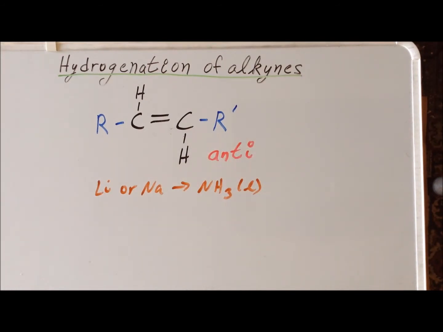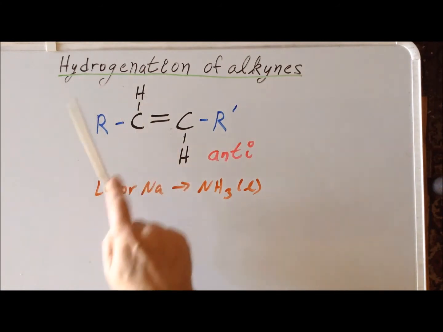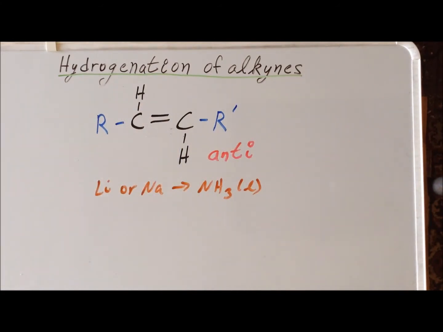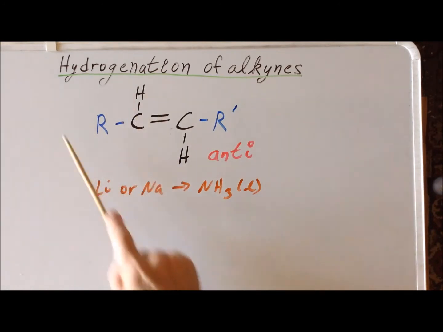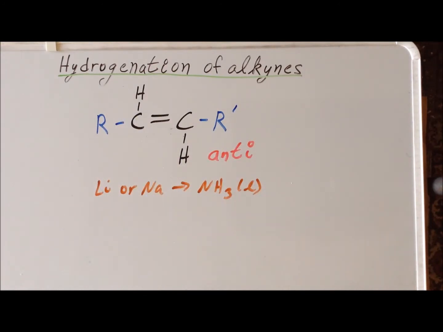If you want to form an alkane, we can use the old strategy of simply using nickel, platinum, and palladium as a heterogeneous catalyst, and we can add enough hydrogen and we'll be able to reduce the alkyne all the way to an alkane. But if we want to stop at the alkene stage, and we want, as a result, the trans isomer by anti-addition, we can do it by putting either lithium or sodium in liquid ammonia and reacting it with our alkyne to get the desired alkene.